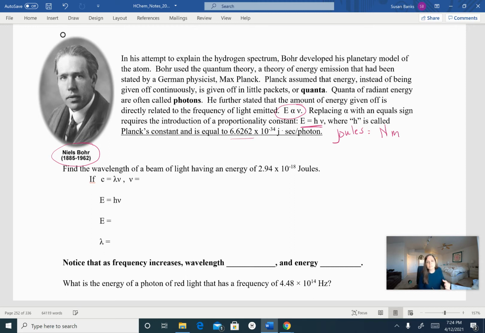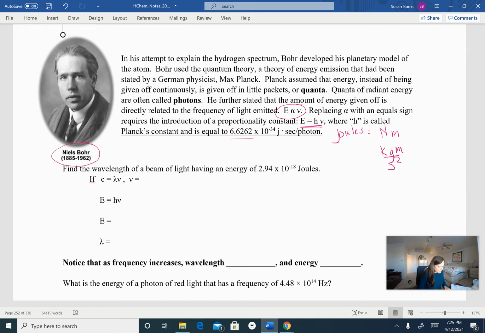A Newton is a kilogram meter per second squared, which comes from the Earth's gravitational pull. So that's what a joule really becomes in base units: kilogram meter squared per second squared.